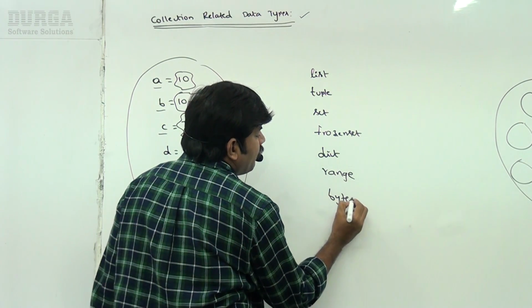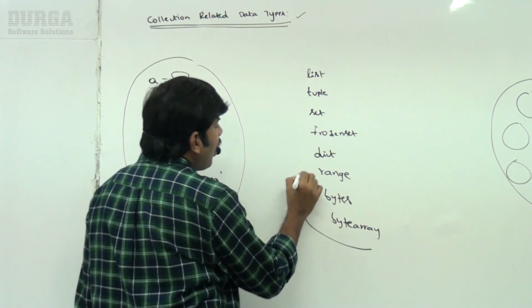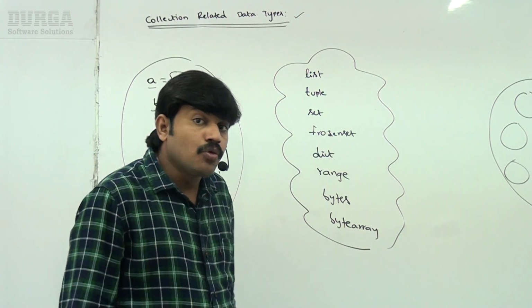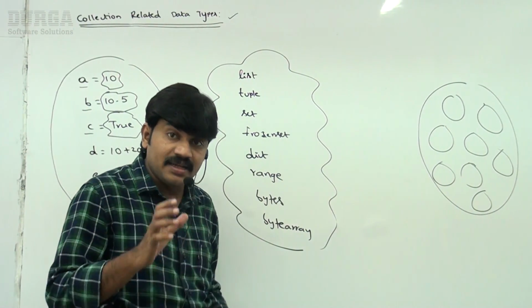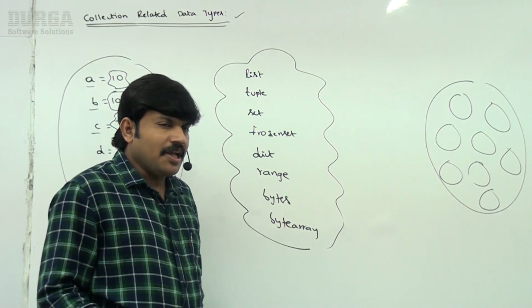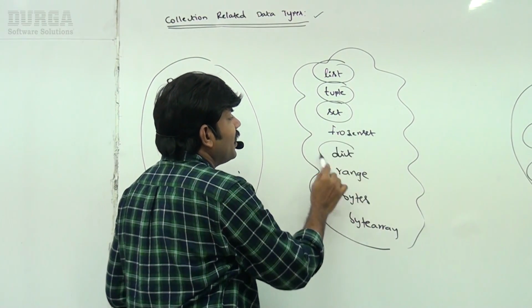Next, bytes and bytearray. All these data types can be used to represent a group of values. Remember this: to represent a group of values as a single entity, we require to go for these data types, right? Anyway, these are things we are going to discuss as separate topics.